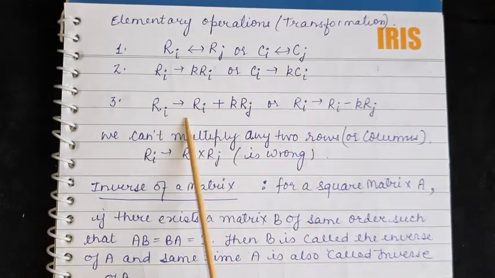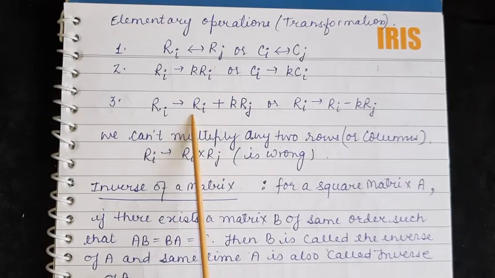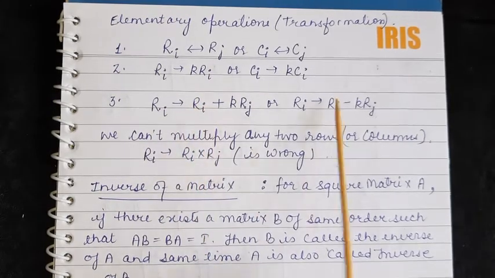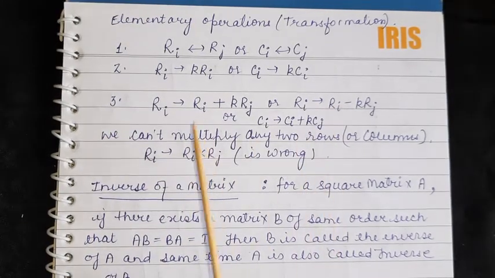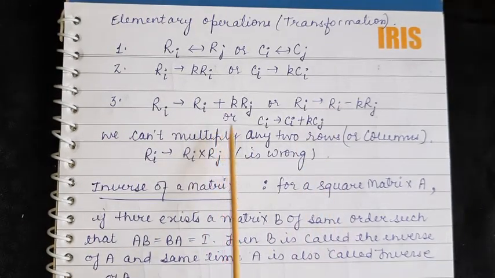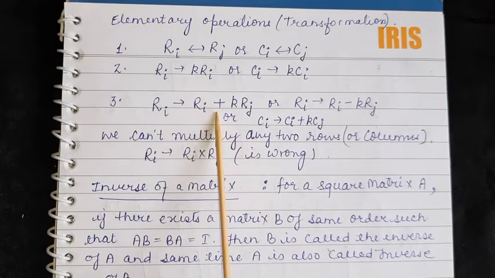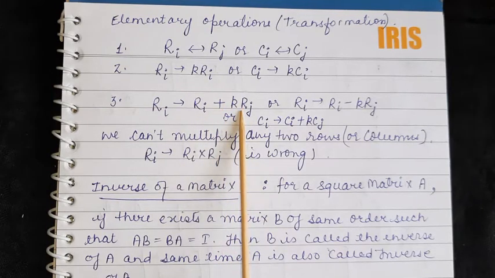The next one says the addition to the elements of any row or column, the corresponding elements of any other row or column multiplied by a non-zero number.